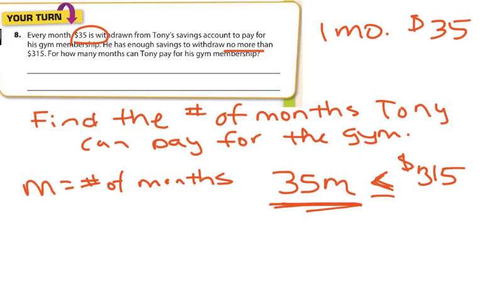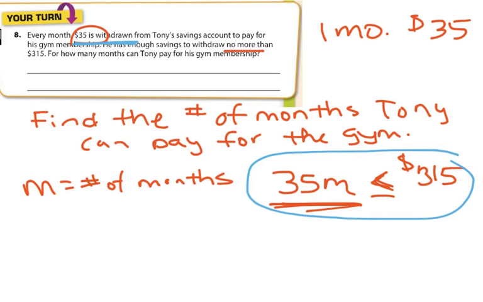But when you're thinking of writing this as an equation, this is kind of the equation that we can think of when we're thinking of positive numbers. However, this says $35 is withdrawn from Tony's account, and so that actually means negative $35 per month is taken from Tony's account. And right here, it says that we can draw no more than $315. If he withdraws $315, that would be a negative $315.